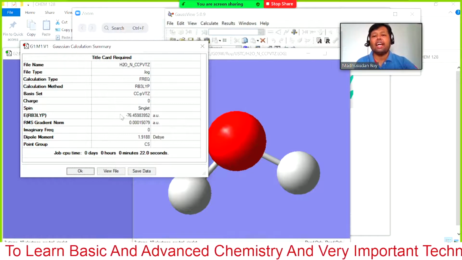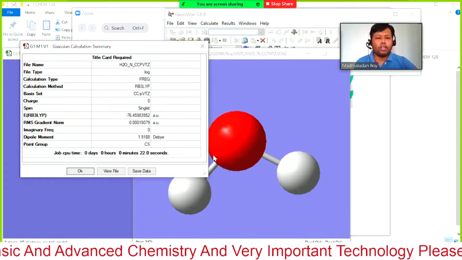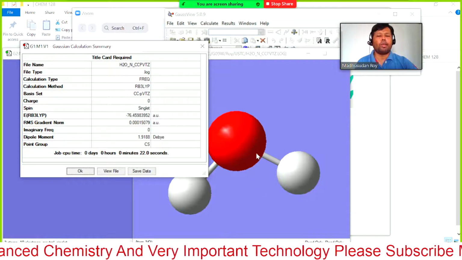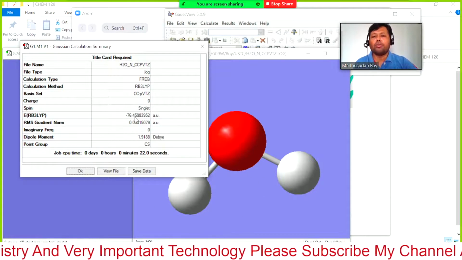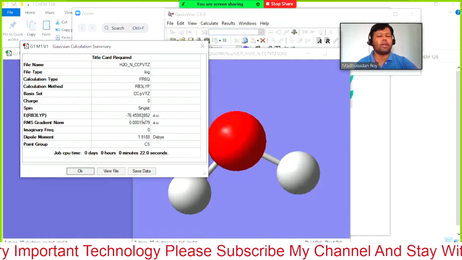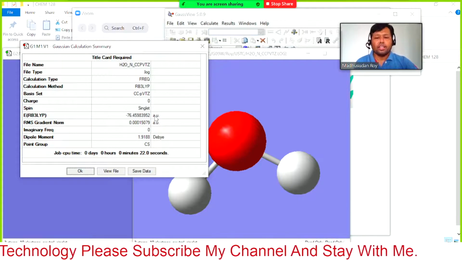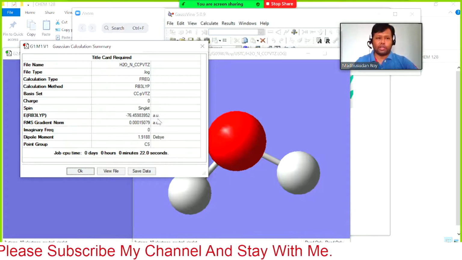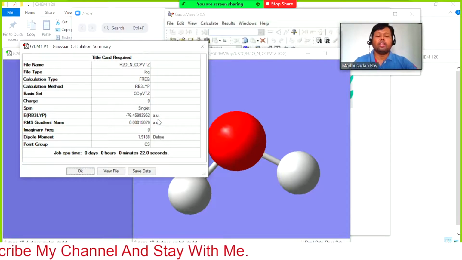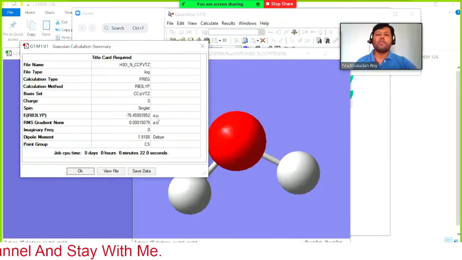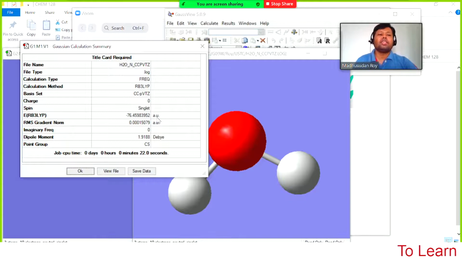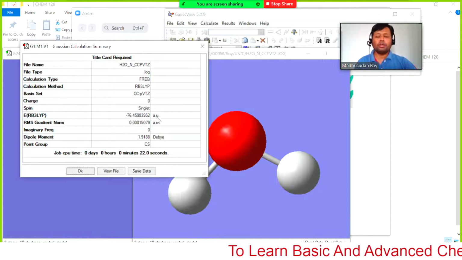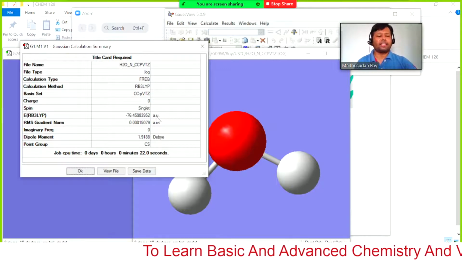And this is the energy of this water molecule, minus 76.45938752, in atomic units, A.U. That is our target, we wanted to find that energy. The atomic unit can be considered as Hartree. You may be familiar with the energy unit Hartree.